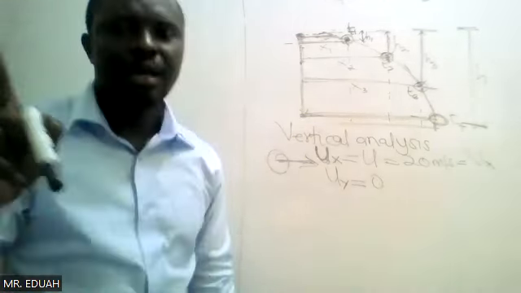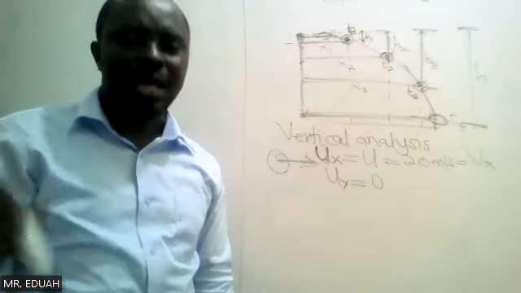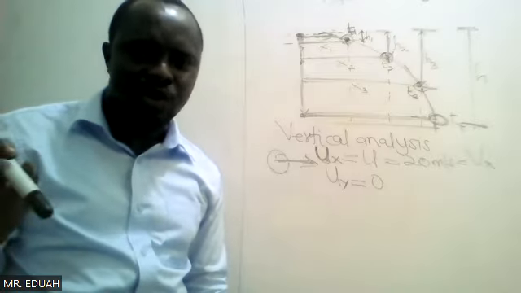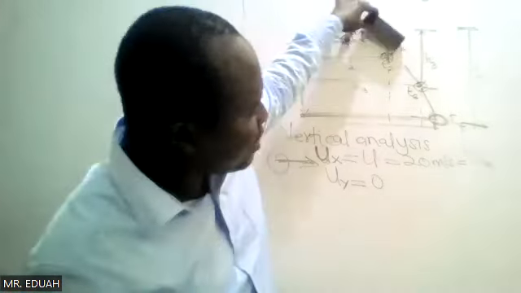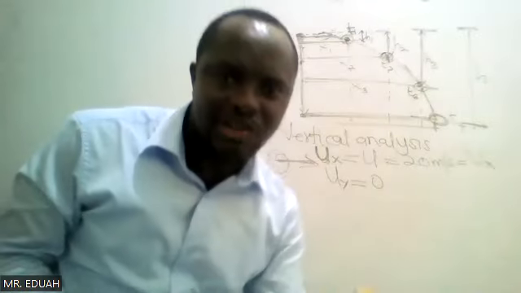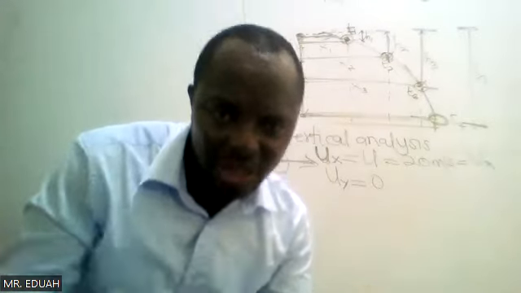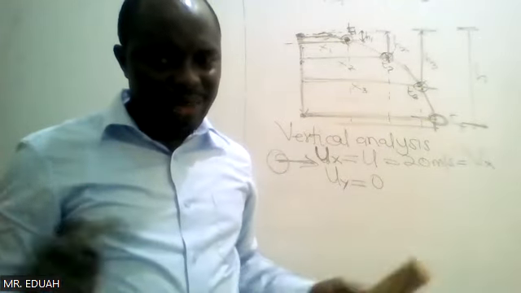Okay, it's an increasing one because the body now is moving in the direction of gravity. When it's moving against gravity, then the velocity will be decreasing. Is that okay? Are you okay?